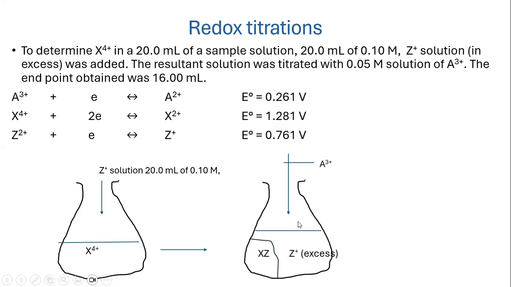So when you add A3 plus, what do you get? Z plus is oxidized to Z2 plus. But do you get all A3 plus? Now, A3 plus is there, but all A3 plus is converted to what? A2 plus. Am I correct?